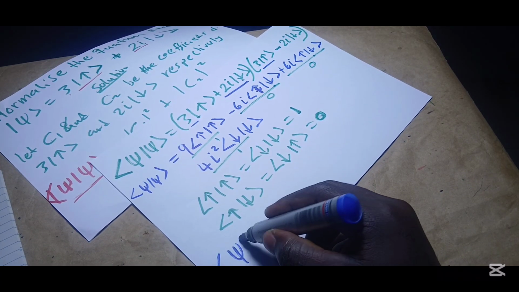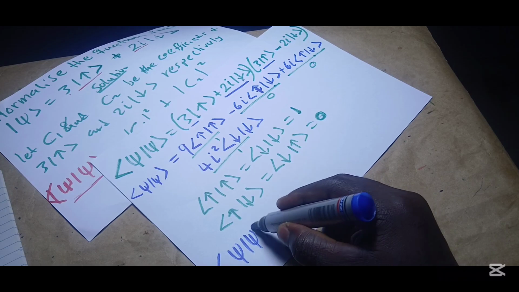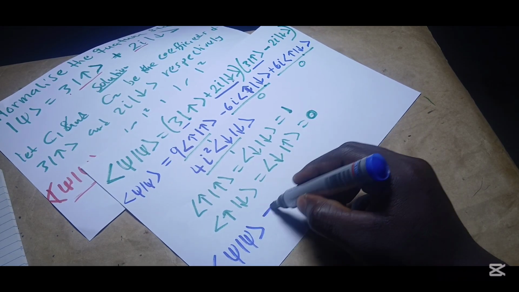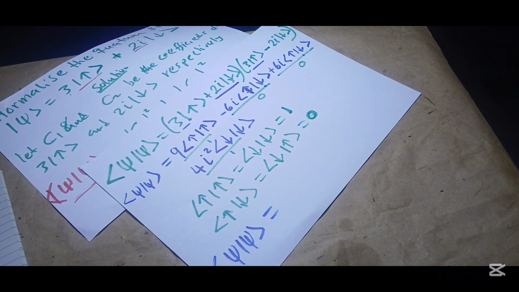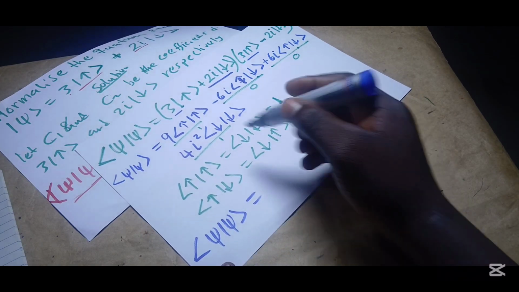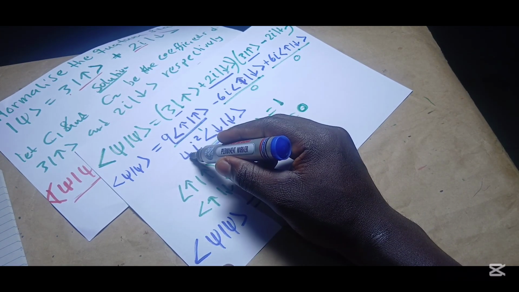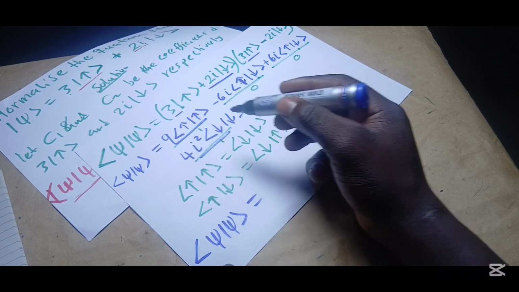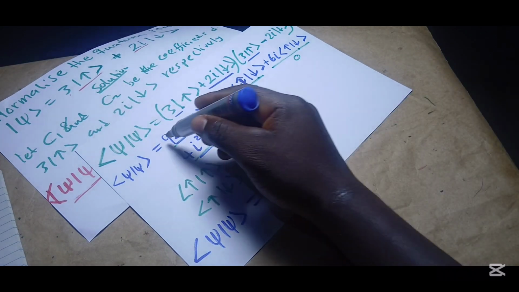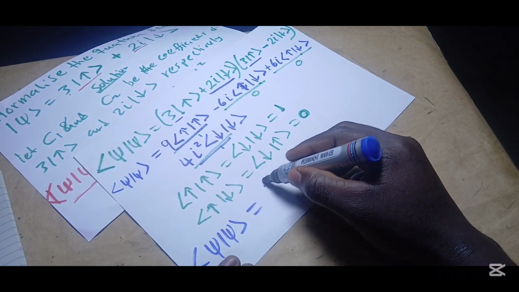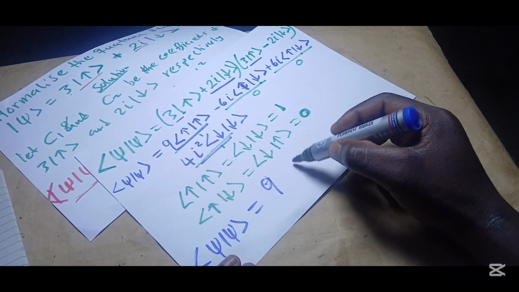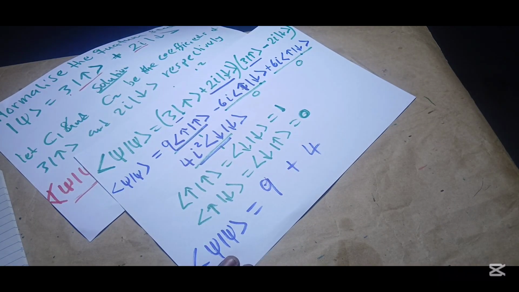Our bra psi multiply psi ket would be equal to, now our major concern is on this and that. So 1 multiplied by 4, right? Let's start with 9. So we have 9 and here we have 4 plus 4.